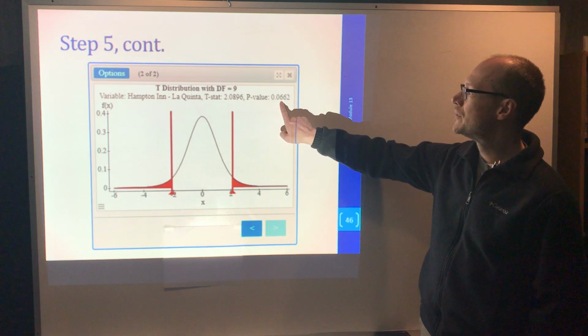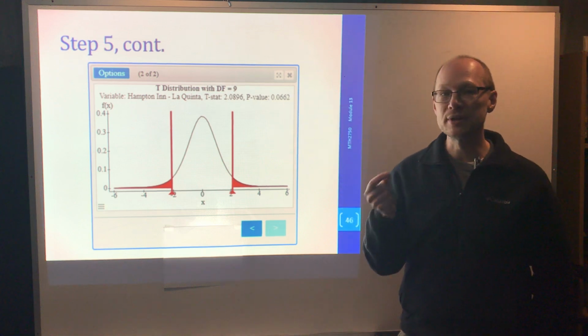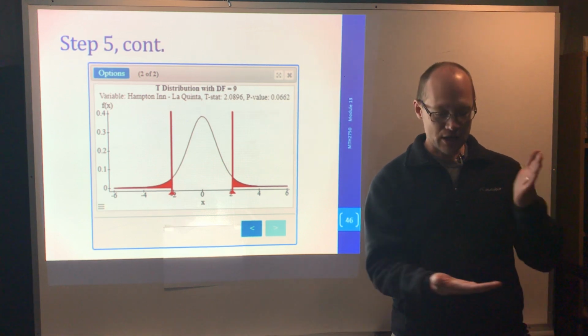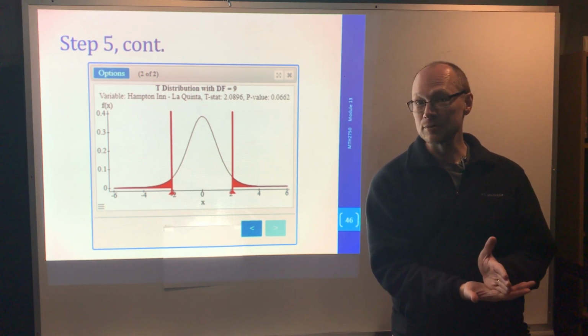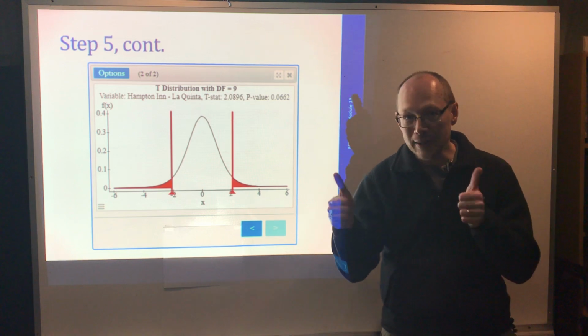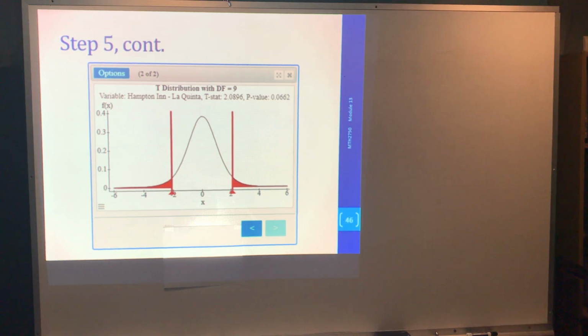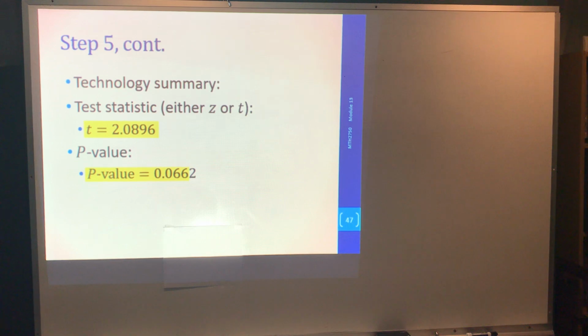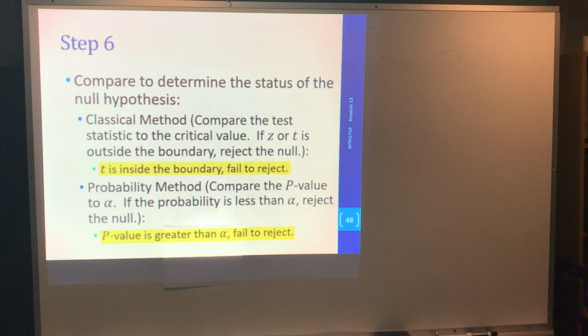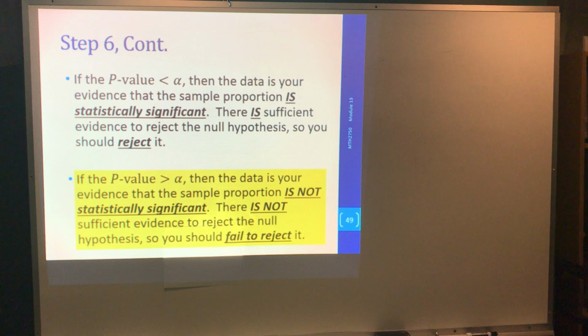Yes, it is. This p-value of more than 6%, our cutoff was 5%. This is going to be an okay thing. Make note of those. I didn't make the highlight big enough. I'm so sorry. I'll fix that before I upload it. And it's inside the boundary. The p-value is greater than alpha, so we're going to fail to reject.